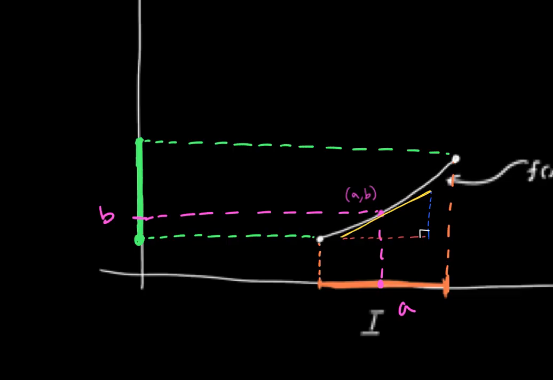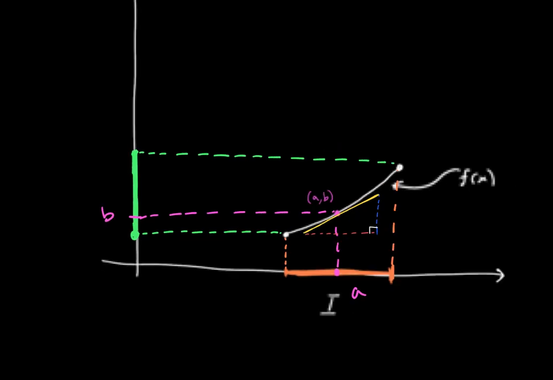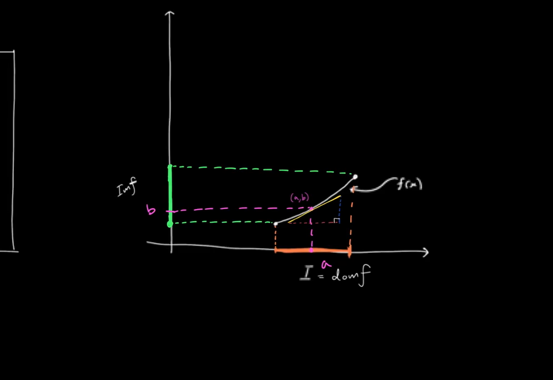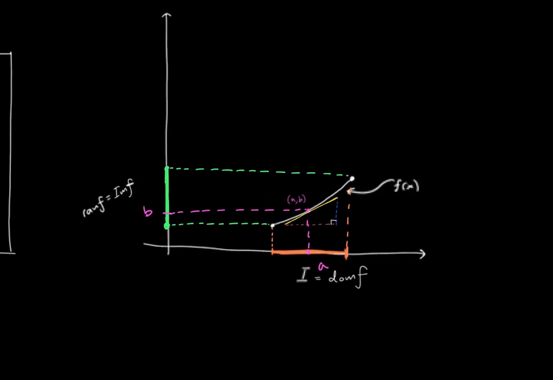So something you should remember, I is equal to the domain of f, and this green is equal to the image of f, or the range of f. And remember, with inverse functions, the range of f becomes the domain of the inverse function.